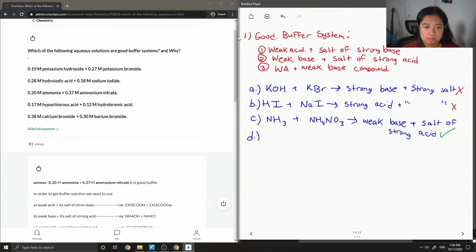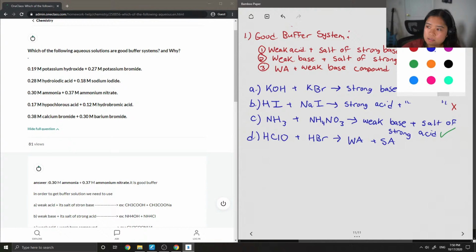Let's look at our other options anyways. So you have hypochlorous acid, shown there, plus hydrobromic acid. They're both acids, but the first one is a weak acid, and this is a strong acid. So we can't use this as a buffer system.